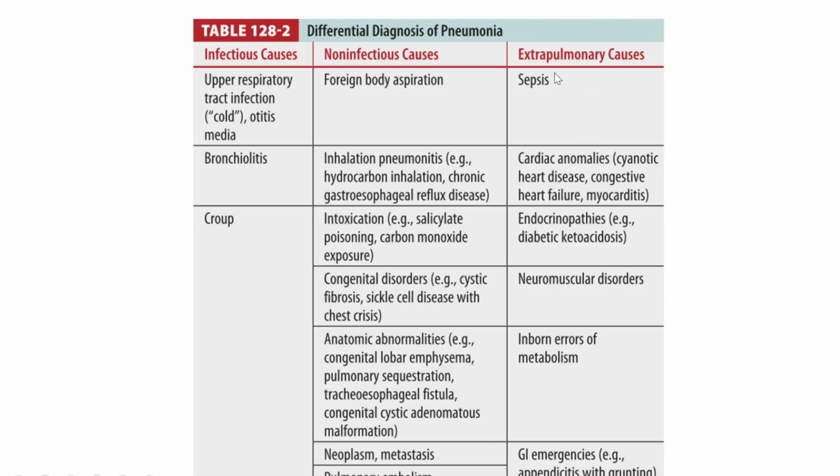In extrapulmonary causes, sepsis, cardiac abnormalities, endocrinopathies, neuromuscular disorders, inborn errors of metabolism, and other GI emergencies can be seen.